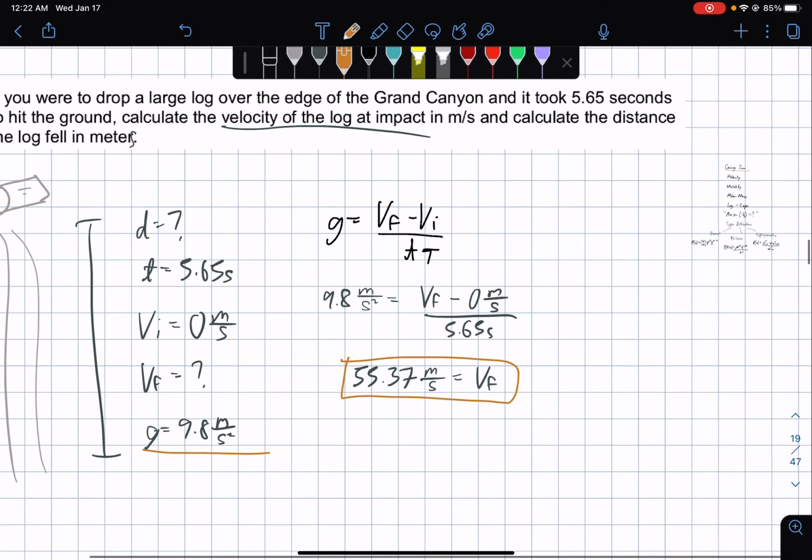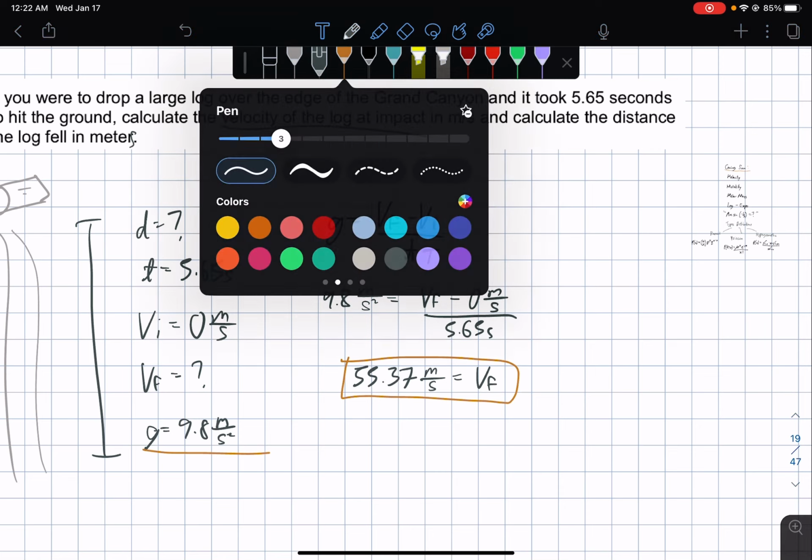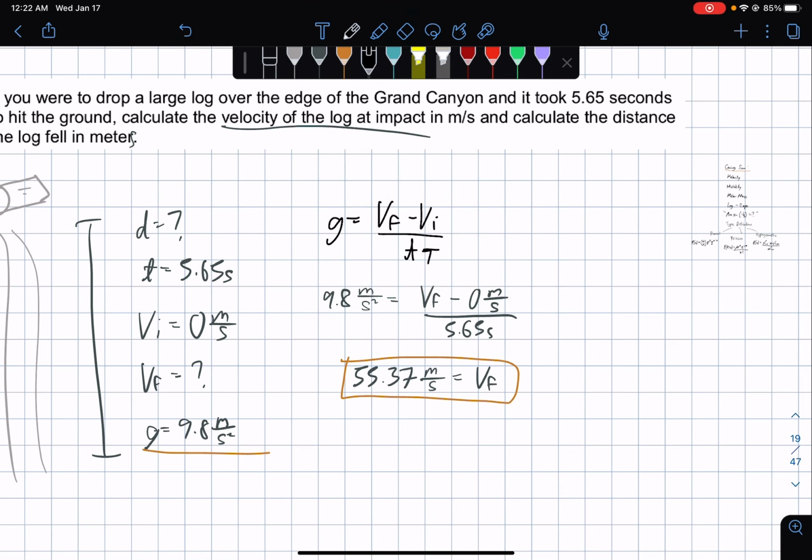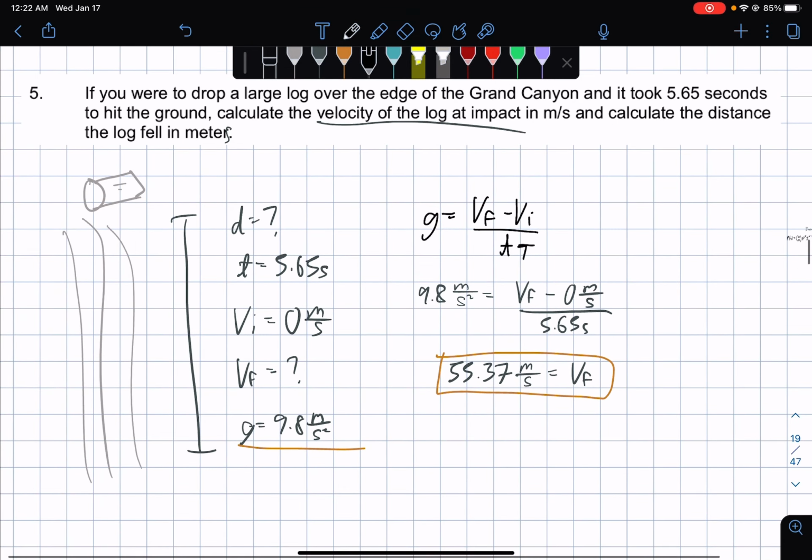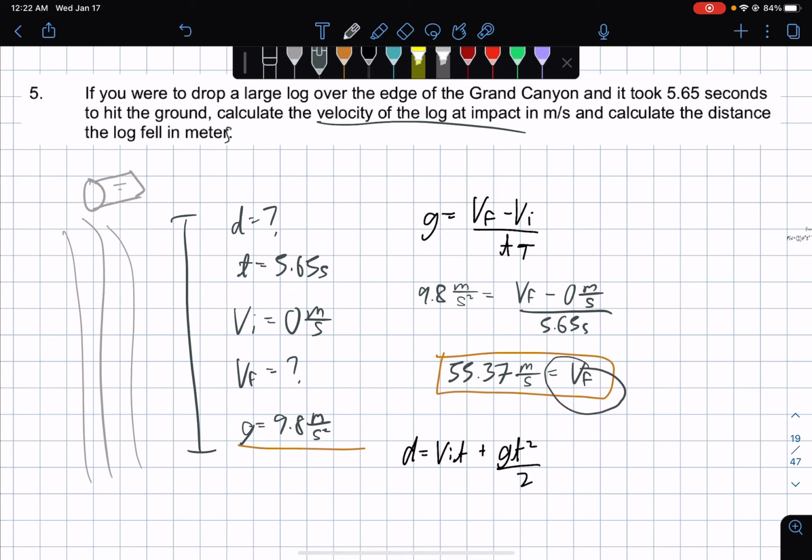Okay, distance is missing also. Let's calculate for it. What is a good formula? Just to be safe, you can't really be sure with your own answer. So you want to play it safe, use a formula that does not utilize any value that you just found. So in that case, that is d equal to vit plus gt raised to 2 over 2. Why? Because there is no final velocity here.